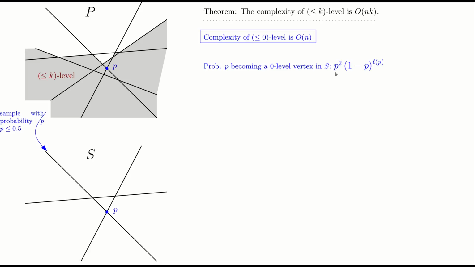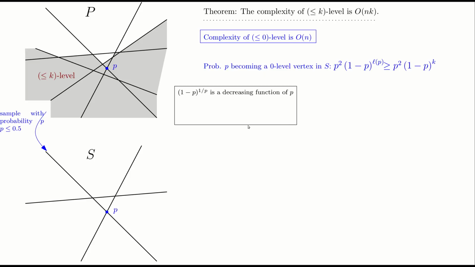Furthermore, we have to sample none of the lines that pass below P. If there are l_P lines that pass below P, then the probability that we sample none of them is equal to (1 minus p) to the power of l_P. Since the level of P is at most k, it follows that this probability is at least this much.